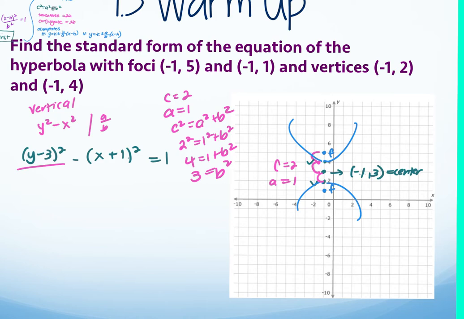So now I have my a squared. a was 1, so a squared would also be 1. And I have my b squared, which is 3. You do not need the 1 underneath the y. If you don't have it there, it's still right. If you leave it there, it's also right. I'm not going to mark it wrong if you leave it there. But that's all we needed, just the equation. Questions on that one?